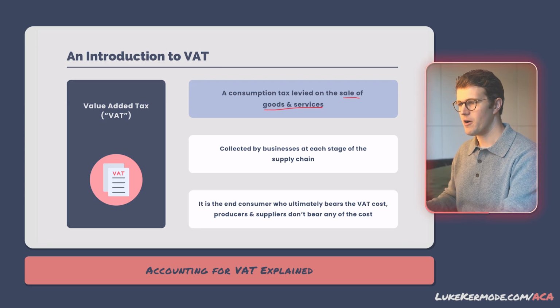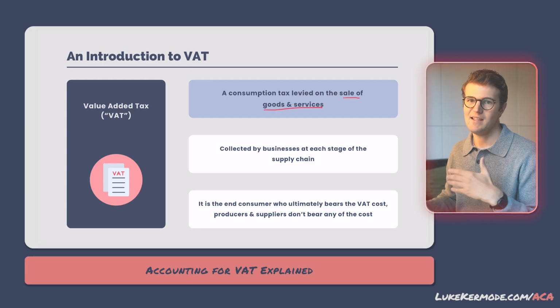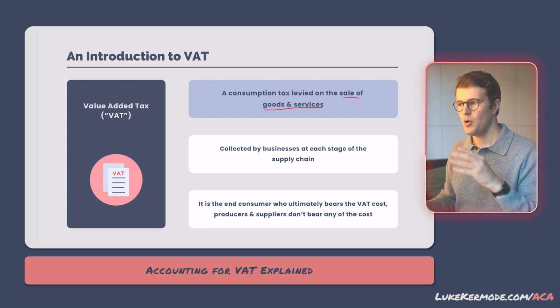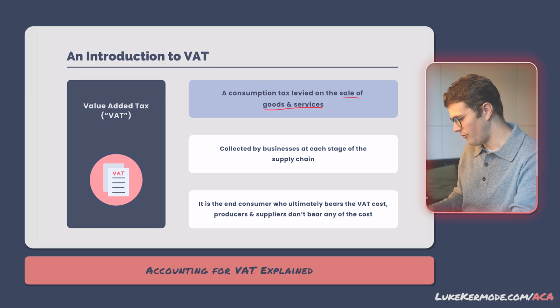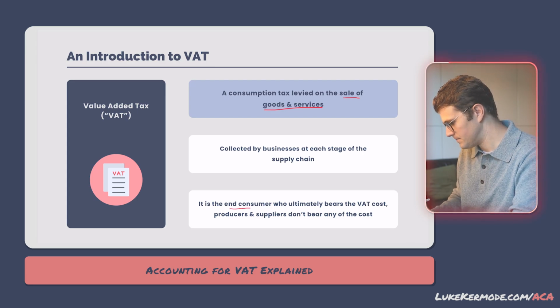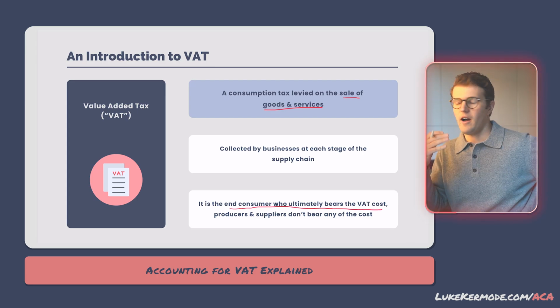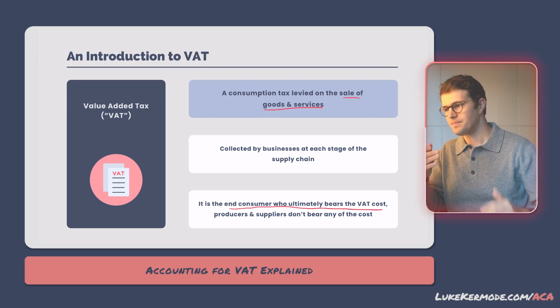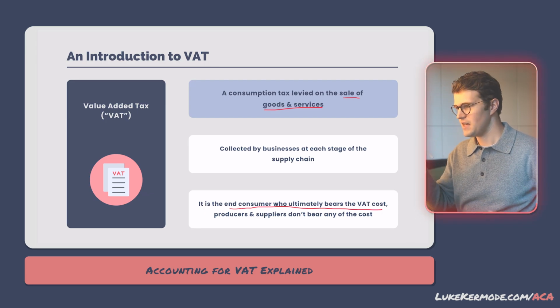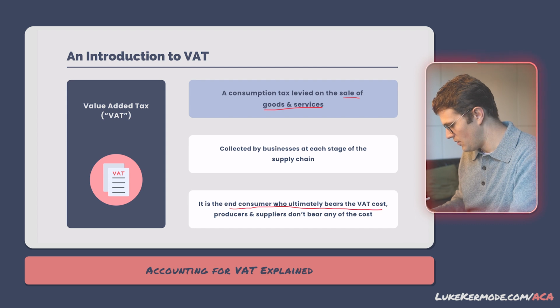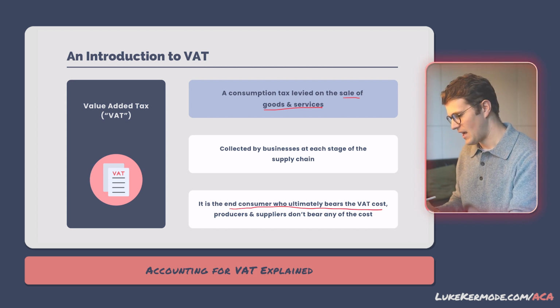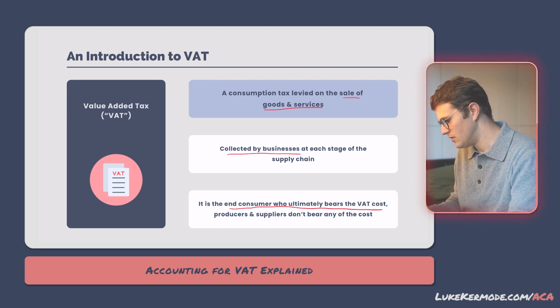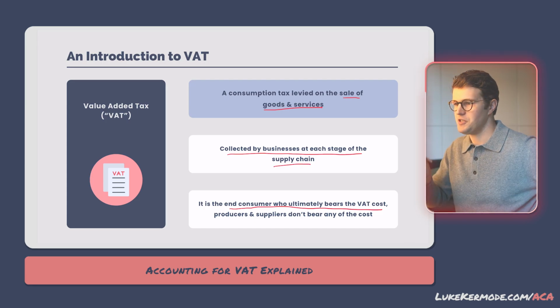One thing that's really important to bear in mind when it comes to VAT is that it's the end consumer who actually bears the cost of VAT, i.e. they're the ones who are effectively paying the value added tax. However, it's the businesses in the supply chain who collect that tax and pass it on to HMRC.